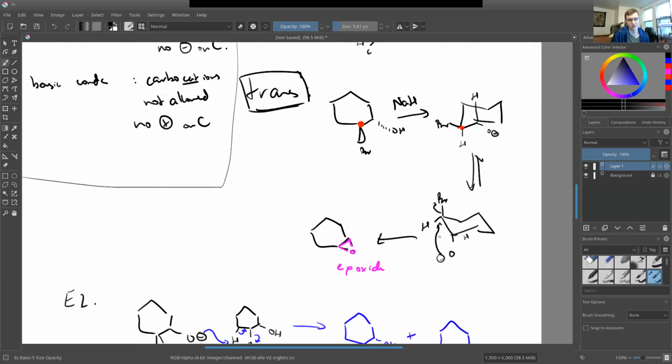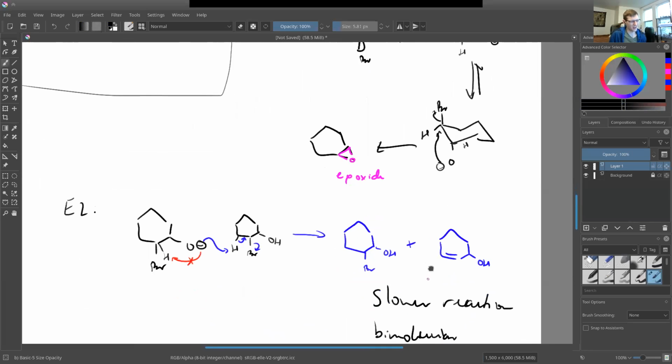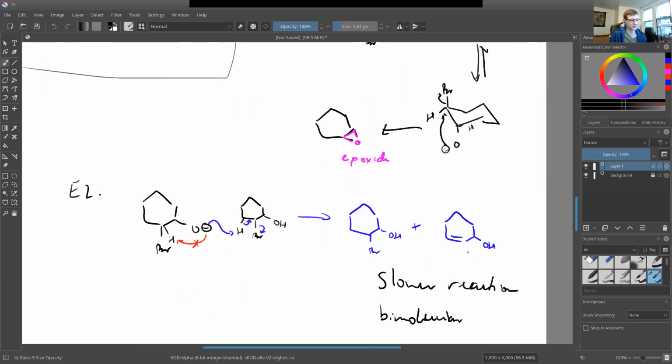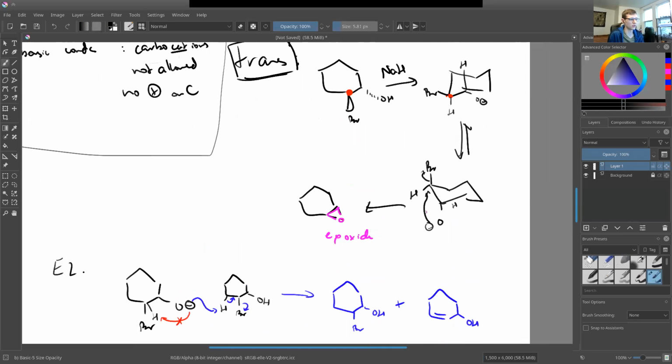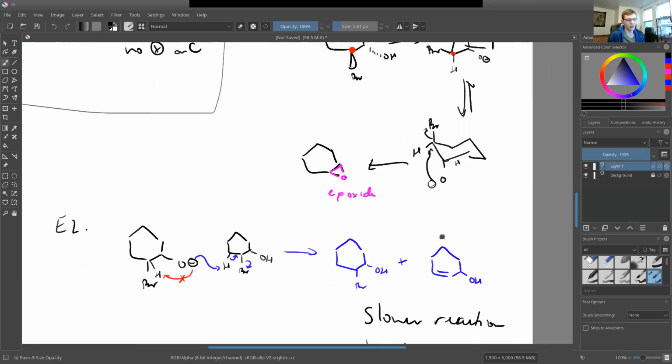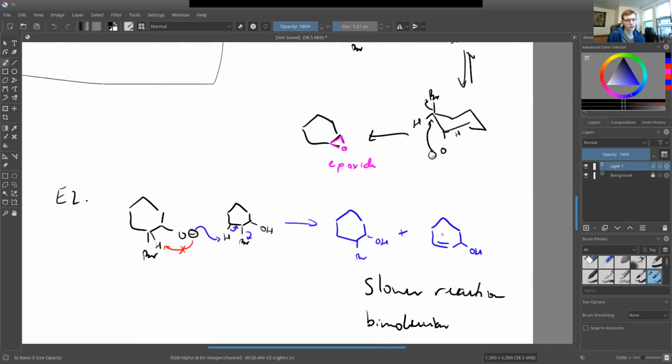This will happen right away because it's just part of the same molecule. They don't have to find each other. And usually we don't tend to think about these intermolecular reactions too much. We usually focus on these. But yeah, this is something that could happen too.